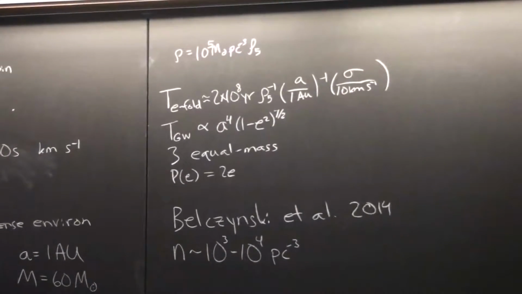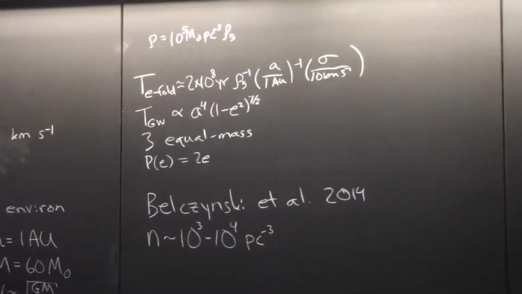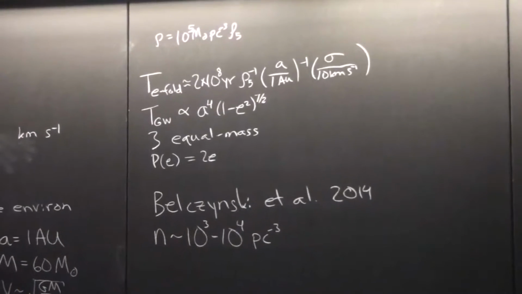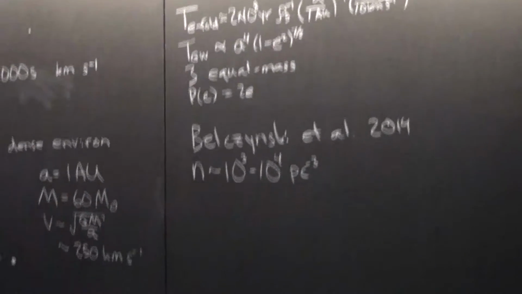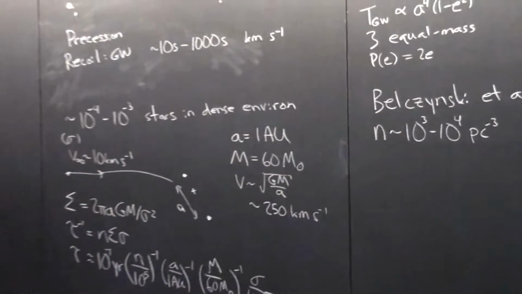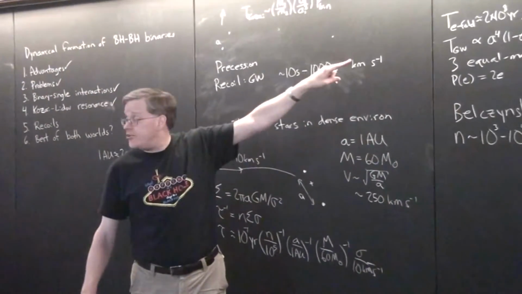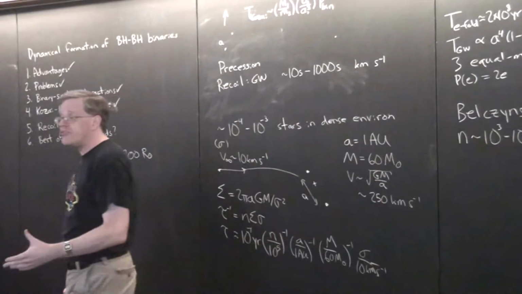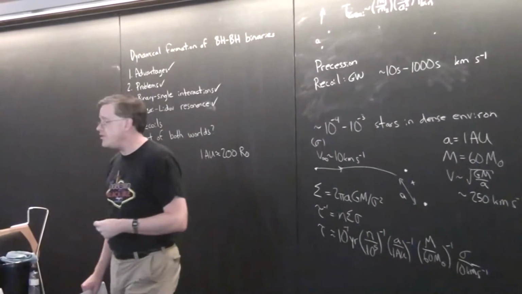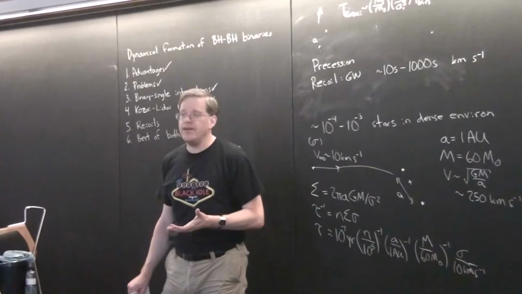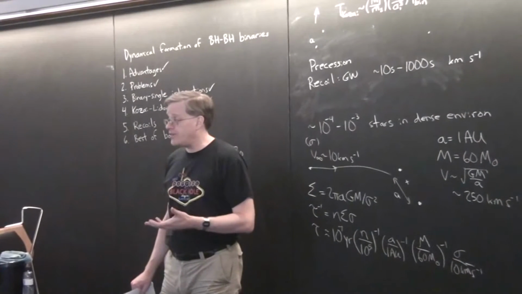Remember, however, that this is really an overestimate of the time needed to drive something to a merger by binary-single interactions, because you're also driving the eccentricity up. So you can probably take an order of magnitude off of that, and it means that the clusters that last for hundreds of millions of years, and there are plenty that we know of, really might be good options.